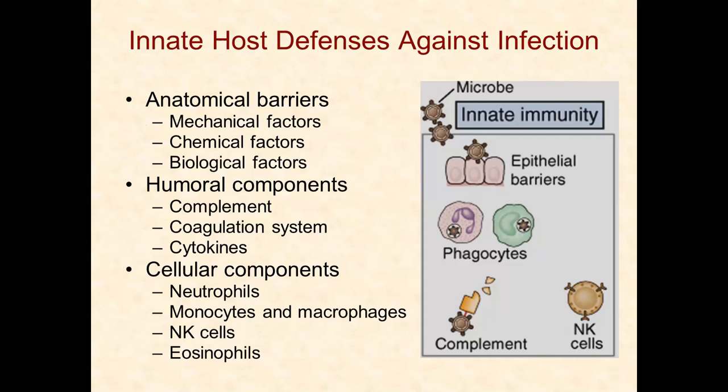It's phagocytic cells like neutrophils, monocytes, macrophages, and also natural killer cells and eosinophils. Here you see the barriers, phagocytic cells, non-phagocytic but very important natural killer cells, and humoral components like complement system.